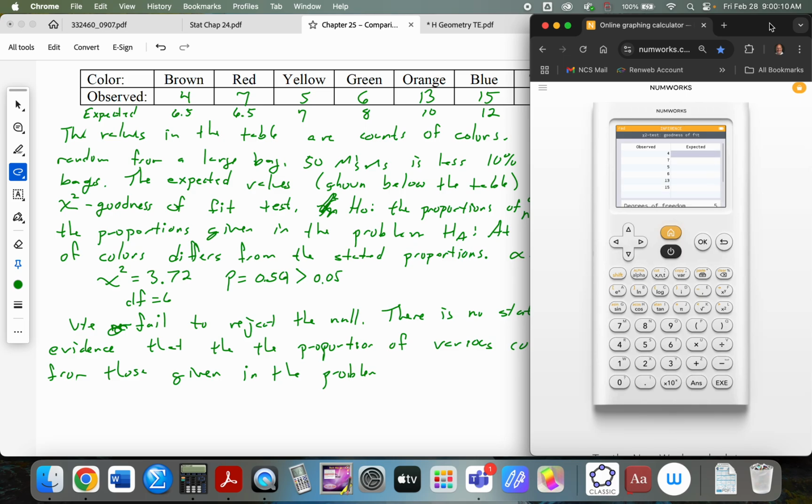But just like the TI, you can do the calculation. So this was 13% of 50, so 0.13 times 50. But since I already have all those, I'm just going to enter them.